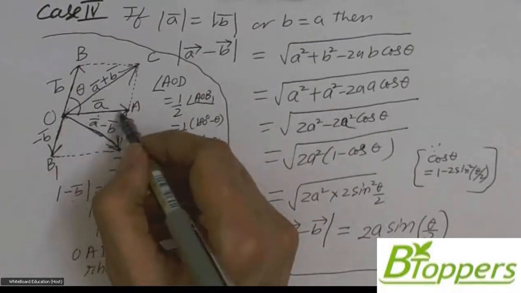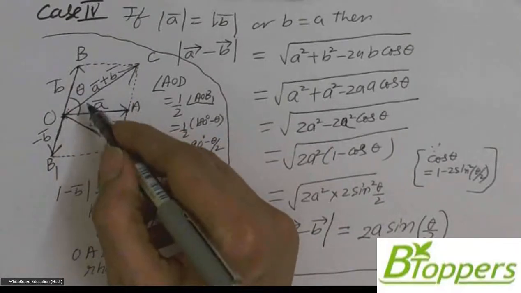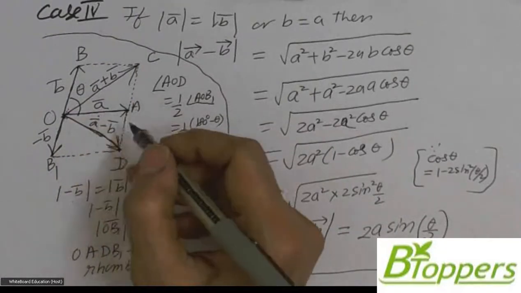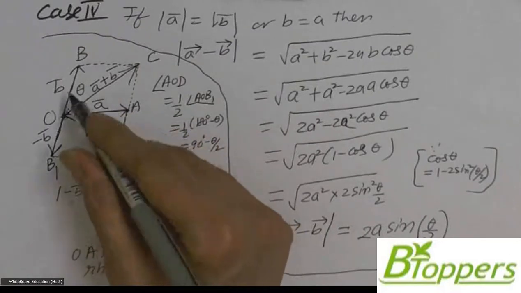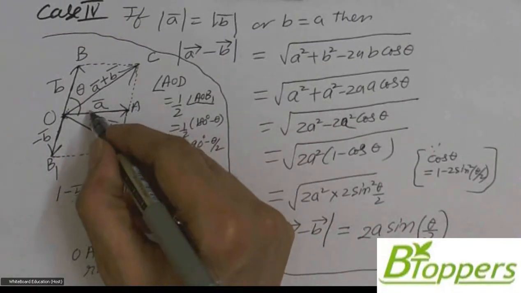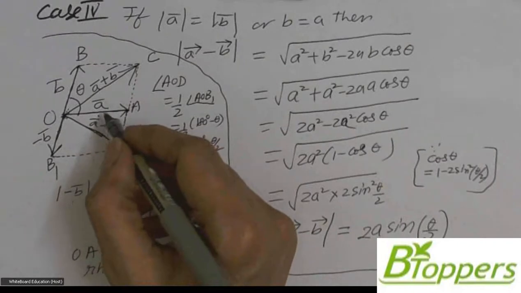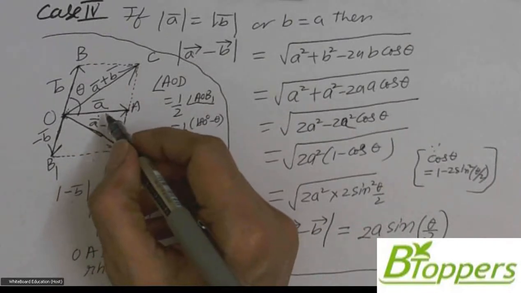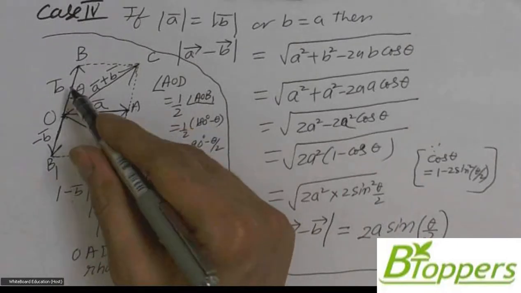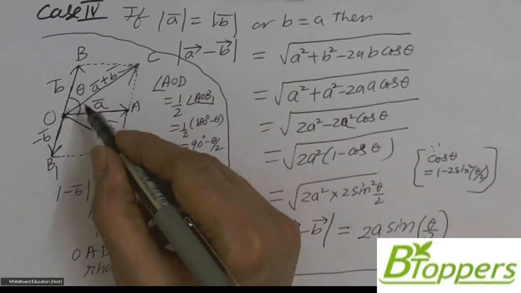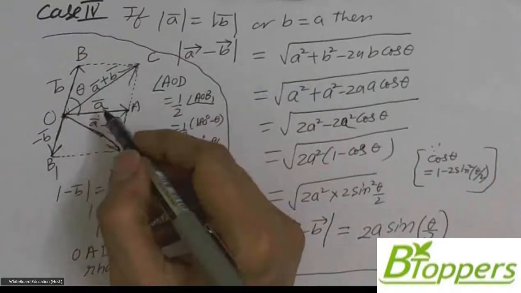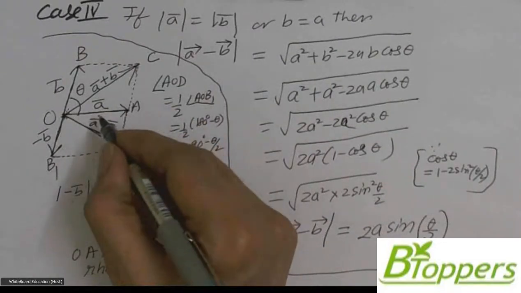In this case, the two vectors A bar and B bar have the same magnitude, but they have different lines of action. As I discussed in the past, you see case 4 in addition of vectors. If two vectors having the same magnitude have different lines of action, then the direction of the resultant bisects the angle between the two vectors.